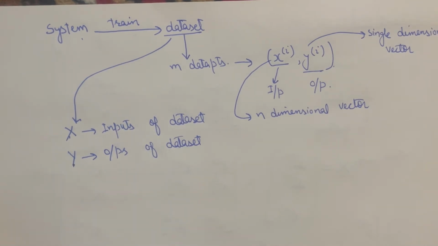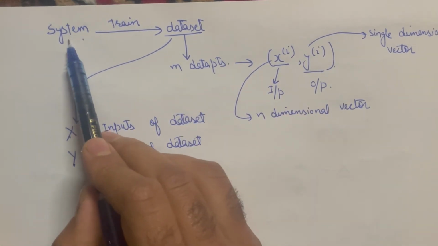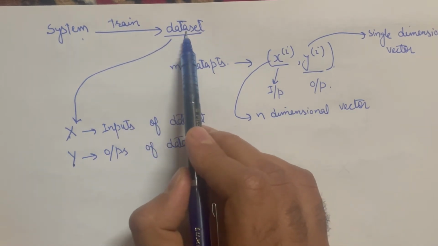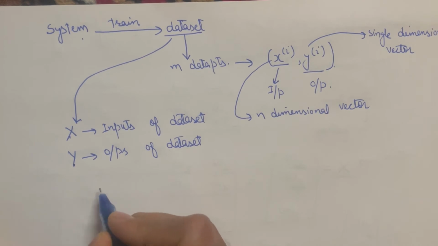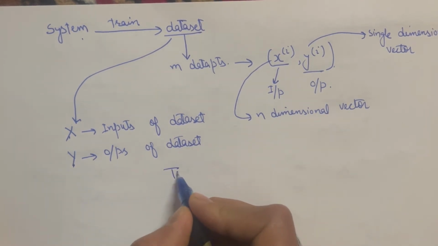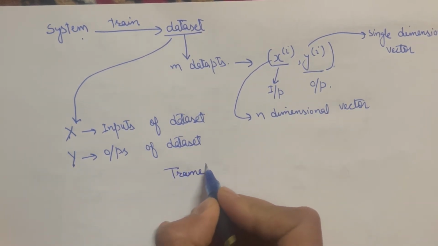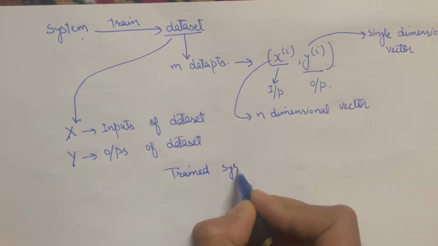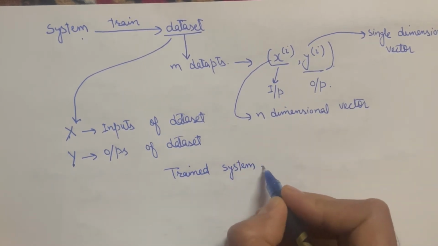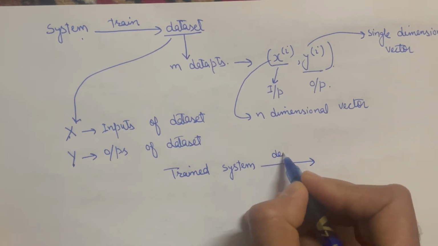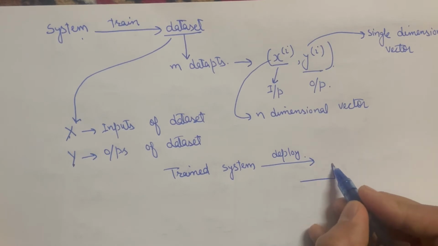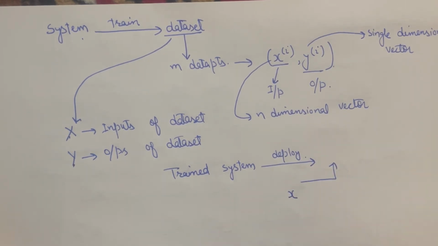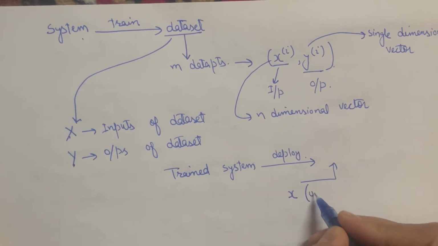Fine. So what I'm saying is, we have a system, we train this system on a data set, and this is our data set. Now after training this system, we have a trained system. We deploy this system. Deploy means now if I am given an input x, and this x is unknown.